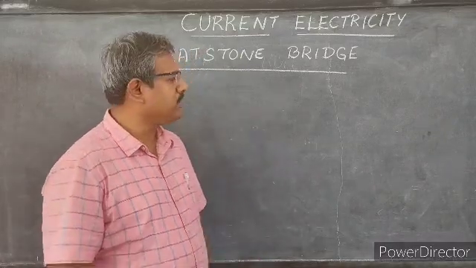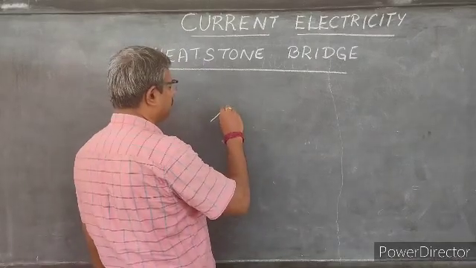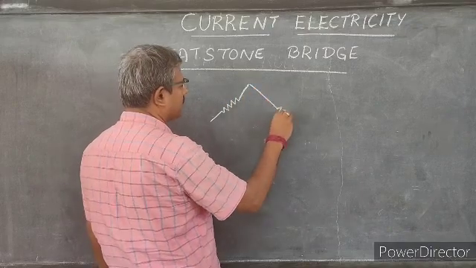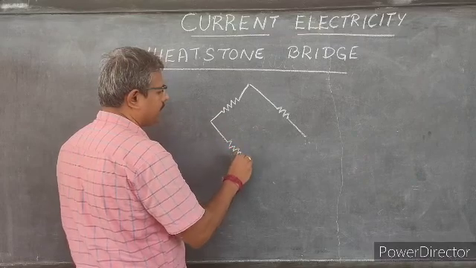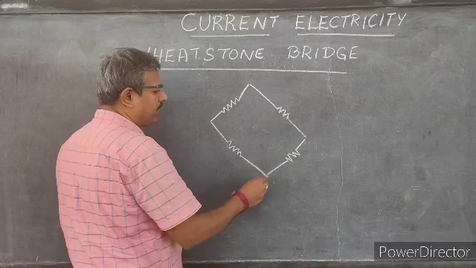A Wheatstone bridge has 4 arms with a resistor in each of its arms, and the 4 arms are connected as shown in the figure.